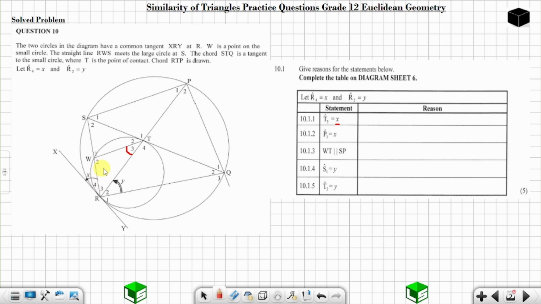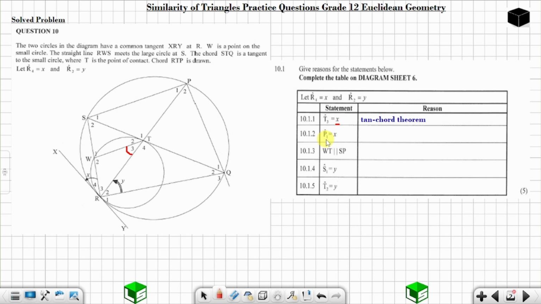So this angle is equal to x as well. So you are going to say tangent and chord, then chord theorem. This is the reason.